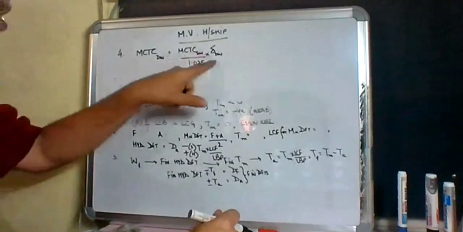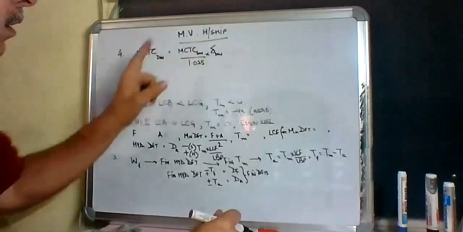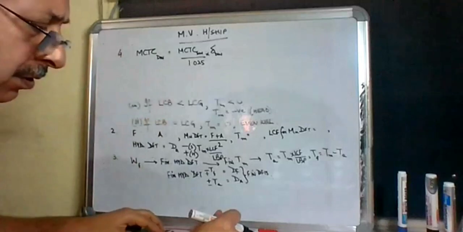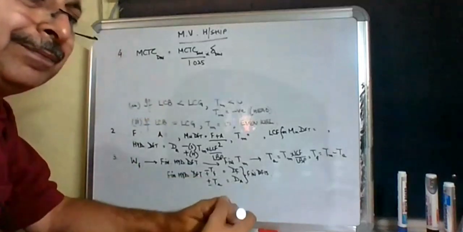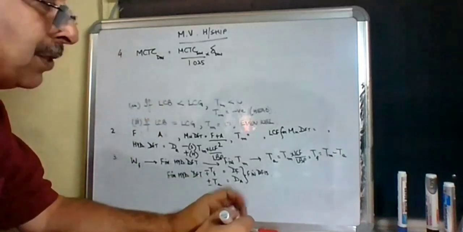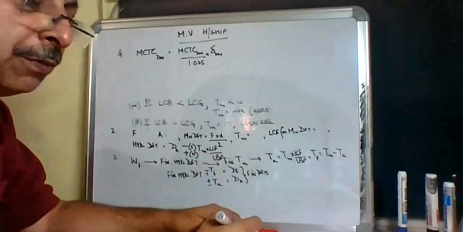So you will change the MCTC to the density wherever you are going, where the trim is to be found out and where the drafts are to be found out.